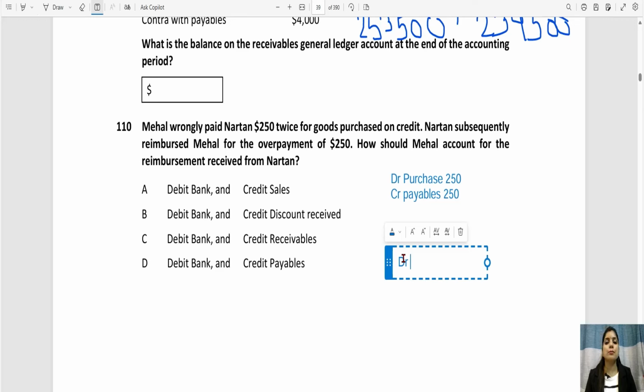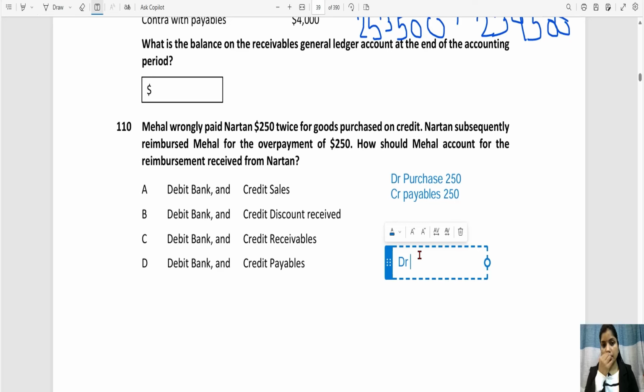So how should Mehal account for this, given that the supplier has reimbursed that amount? First of all, we had paid twice from our bank, right? And let's pass this entry as well.